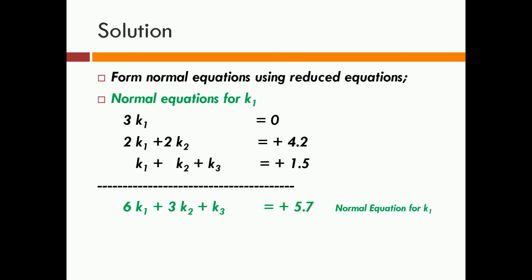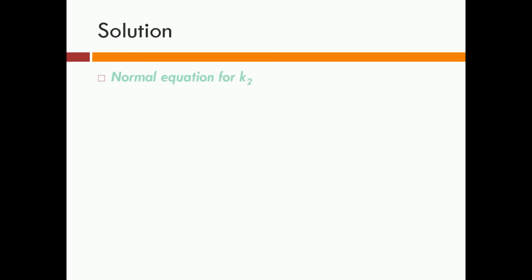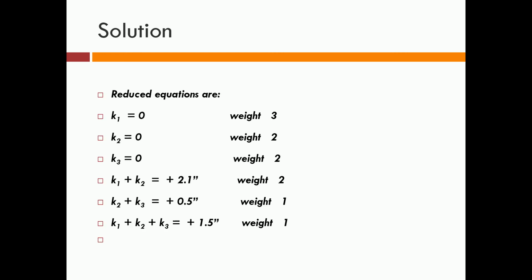So likewise, form the normal equation for K2. To form the normal equation for K2, the newly formed equation, you have to consider the equations in which K2 is involved.